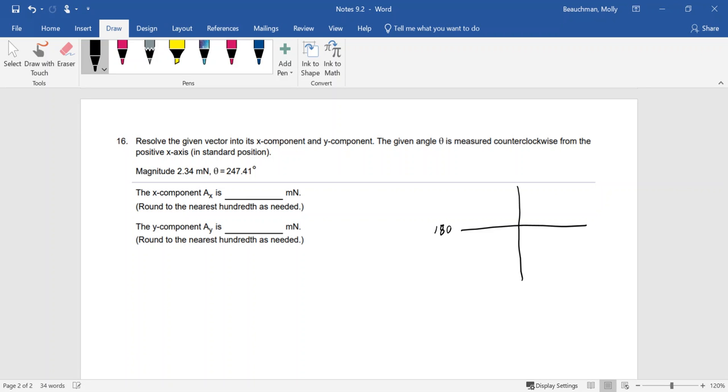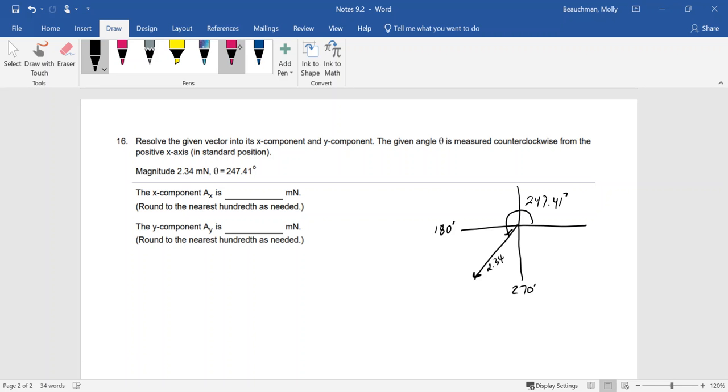That's going to be in the third quadrant because it's between 180 and 270 degrees. So it's somewhere in here. The vector itself is 2.34 magnitude, and the angle in standard position is 247.41 degrees.